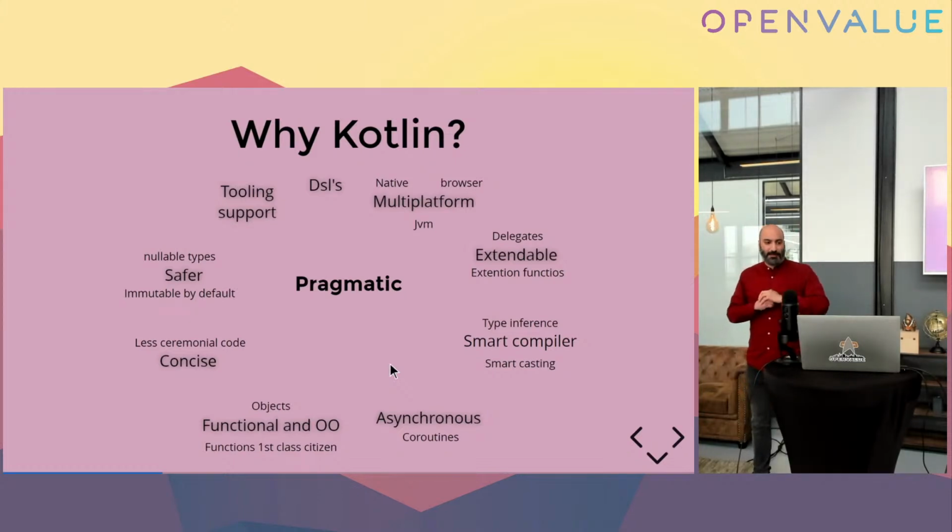What makes Kotlin different from Java is also that it's much better when you want to extend a different library, for example. You don't need to write a lot of code for that. You can just use extension functions. That way you can also write more expressive code.